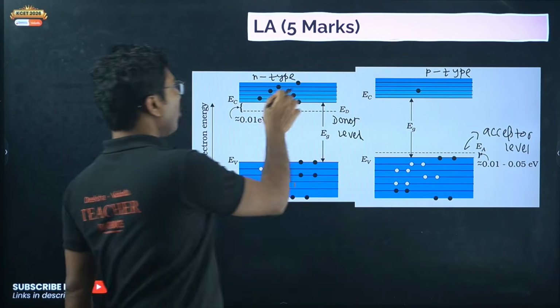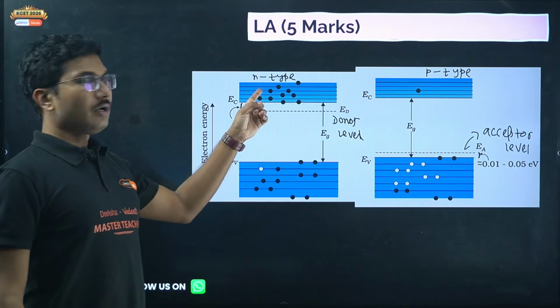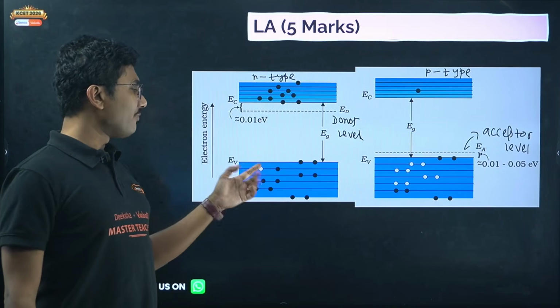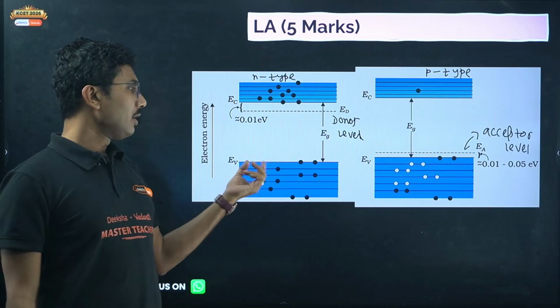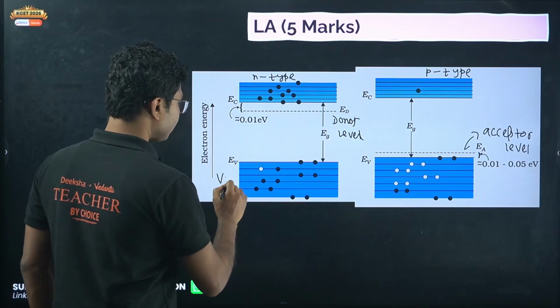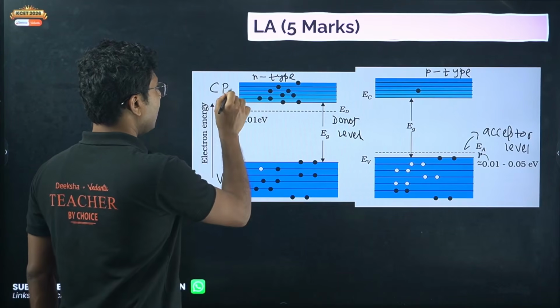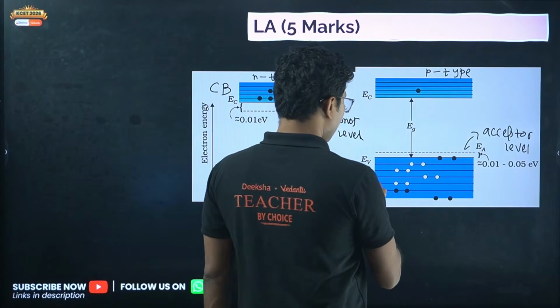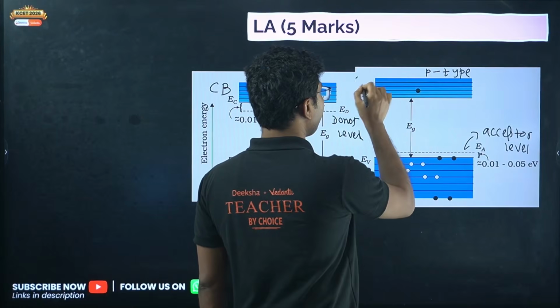In N type, a large number of electrons are present in the conduction band and very few holes are present in the valence band. So this is the valence band, this is the conduction band. Similarly here it is the valence band and this is the conduction band.